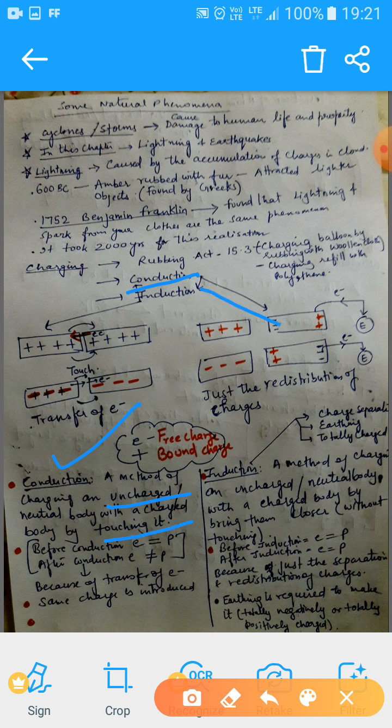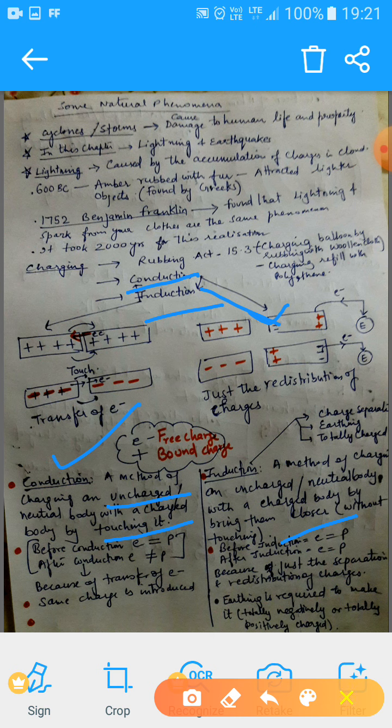And in the same way, another method is charging a neutral or uncharged body with a charged body by just bringing it closer to the charged body without touching. So in case of induction we don't touch the uncharged body with the charged body, but in conduction there is a close contact between charged and uncharged body.